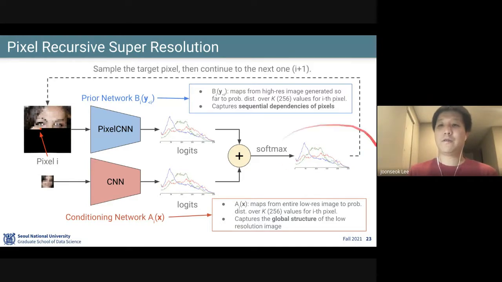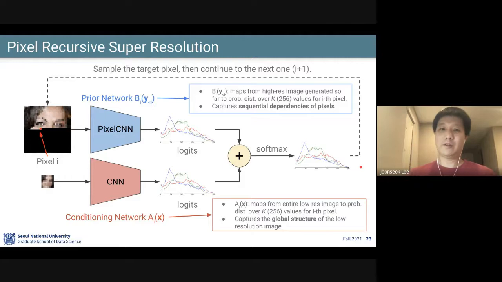Then from this, they sample the next pixel and move on to the next one, and repeat for all the pixel locations. To summarize, they just use the PixelCNN, but they also added the conditioning network to take into account the input low resolution image to condition the output.